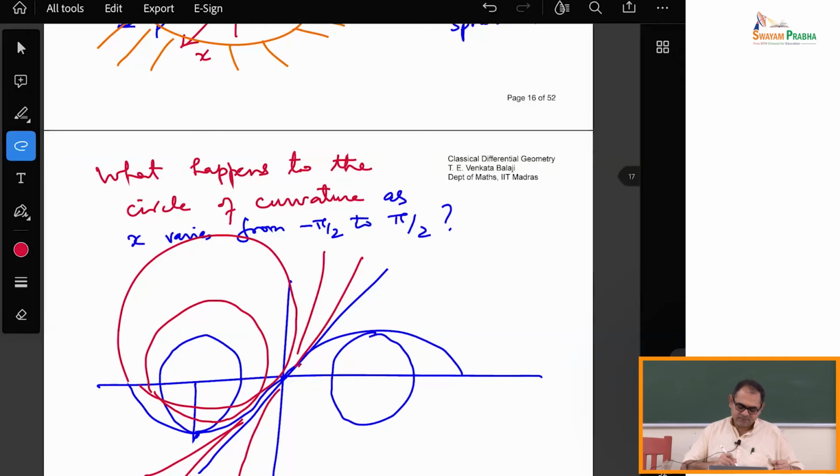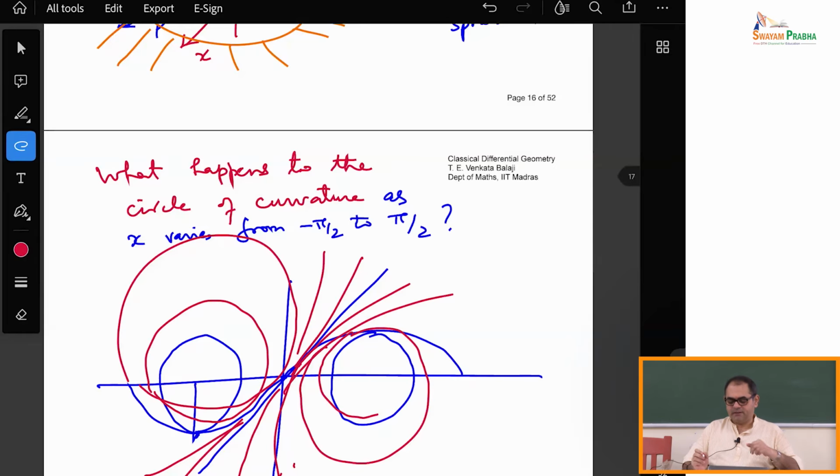And then just exactly beyond that line, the circles are going to flip to the other side. So you're going to get things like this. And then you're going to get probably bigger and bigger circles, and finally the smallest you are going to get is at pi by 2.